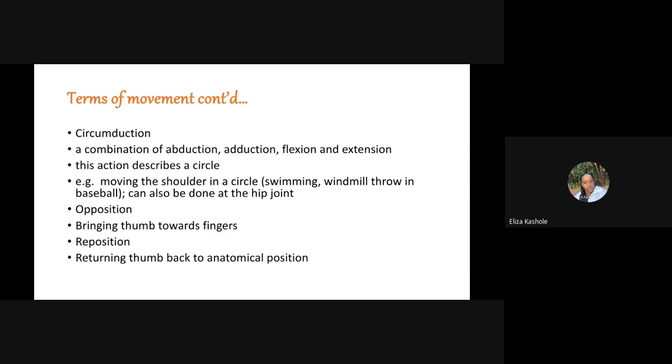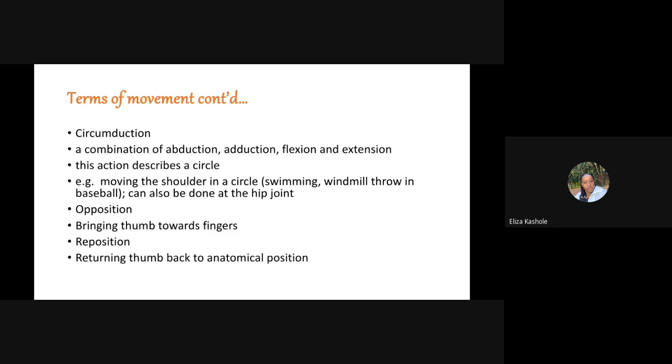At a joint, first you're going to start with abduction. The next thing that you're going to do is adduction. The next thing that you're going to do is flexion. The last thing that you're going to do is extension. So once you move like that in that order, you're going to achieve circumduction. Okay. So there's an example there.